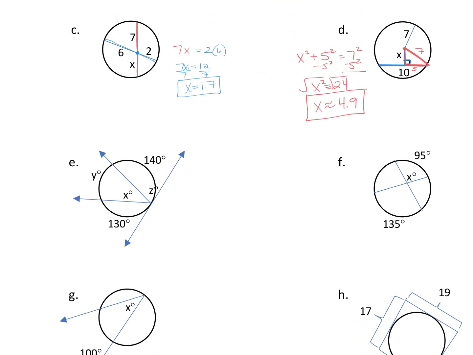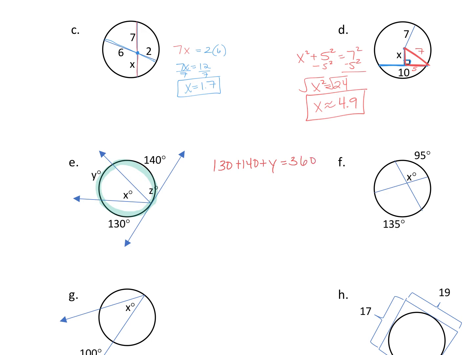Letter E here, we're dealing with inscribed angles and the arcs. If you look at, this is 140, this is 130, and then we have Y, and that makes a complete circle. So that means that 130 plus 140 plus Y should equal 360.